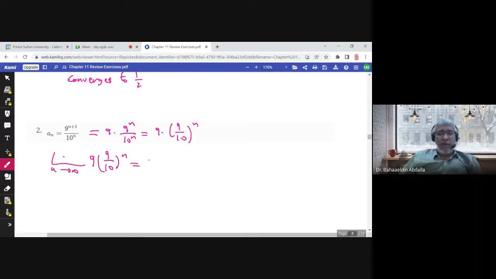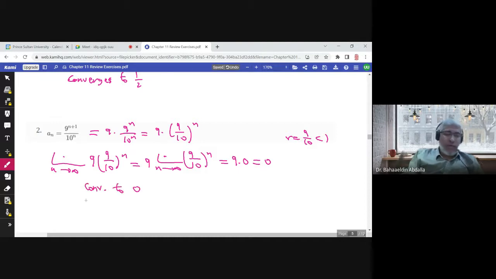And this equals 9 times the limit of 9 over 10 to the power n when n goes to infinity. And this is 9 times 0 equals 0, because 9 over 10 is r, and it is less than 1. So this sequence converges to 0.